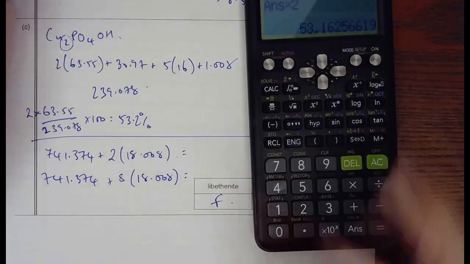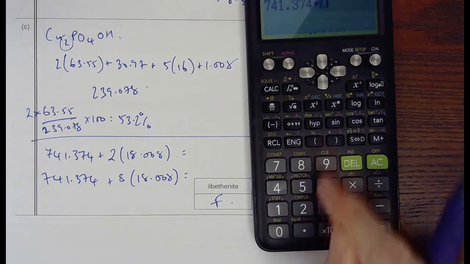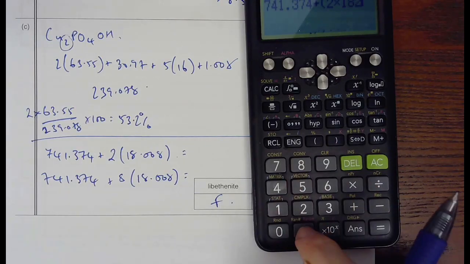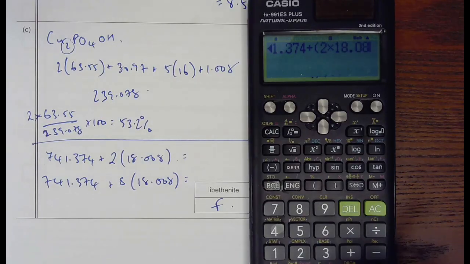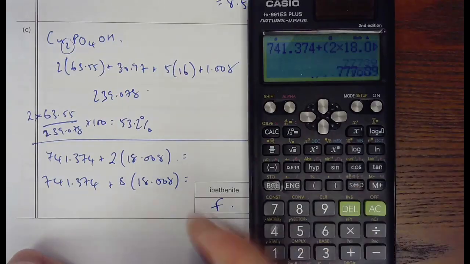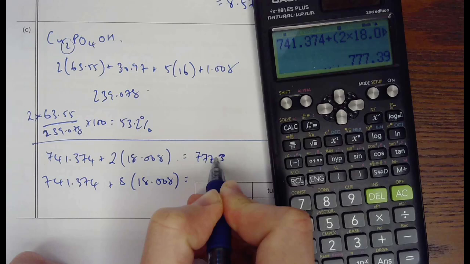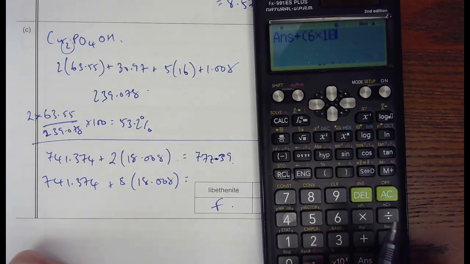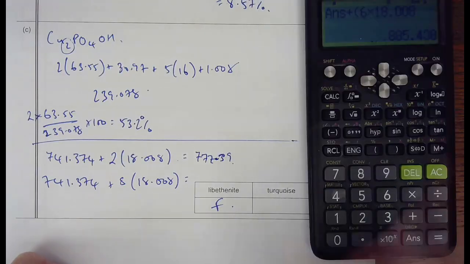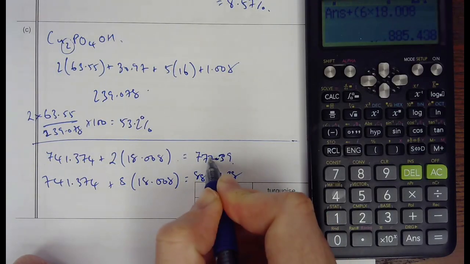And I'll see what I'm going to get from those. So 741.374 plus 2 times 18.008 for my water gives me 777.39. If I add on 6 more, I'm going to get 885.438.